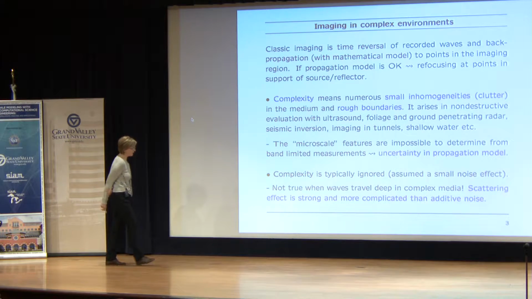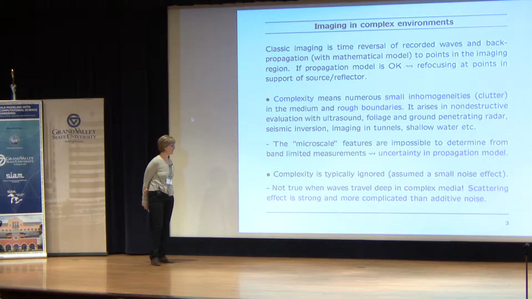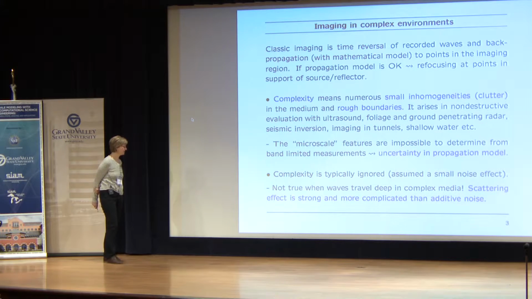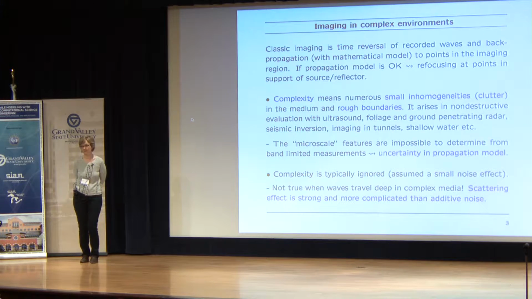And that is okay in some situations. However, in applications where we have waves that travel very deep in complex media, this complexity cannot be ignored. And scattering that is due to this complexity is in fact a strong effect, and it's actually much more complicated than additive noise.